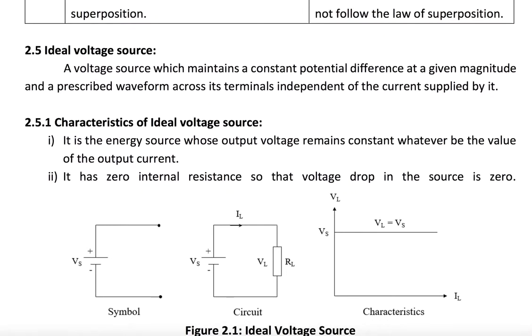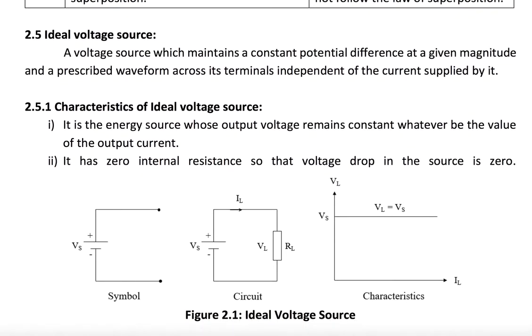Ideal voltage source: a voltage source which maintains a constant potential difference of a given magnitude and prescribed waveform across its terminals, independent of the current. If the terminal voltage is independent of the current drawn from the source, then it is called ideal.